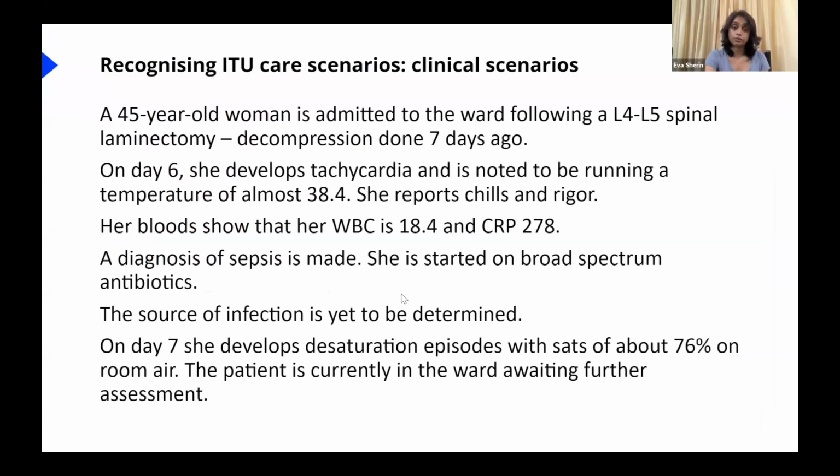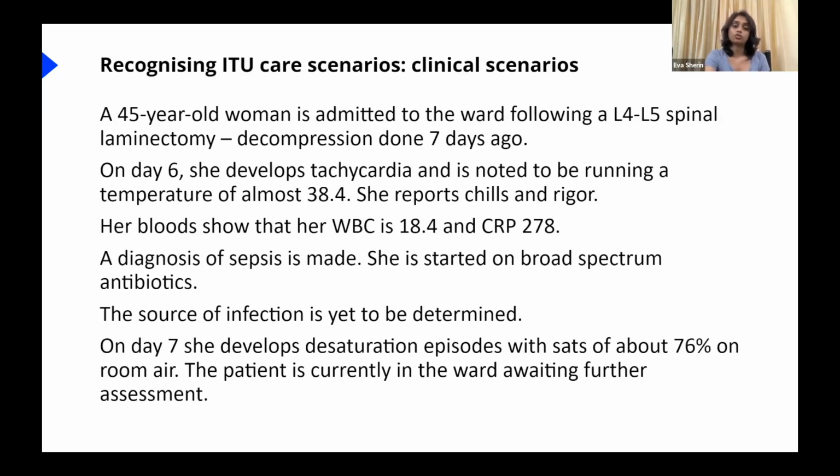So I'll start quickly with a clinical scenario. I've got a 45-year-old woman who is admitted in the ward following an L4, L5 laminectomy, decompression done 7 days ago. On day 6, she develops tachycardia and is noted to be running a temperature of almost 38.4. She also reports some chills and rigors associated with it.